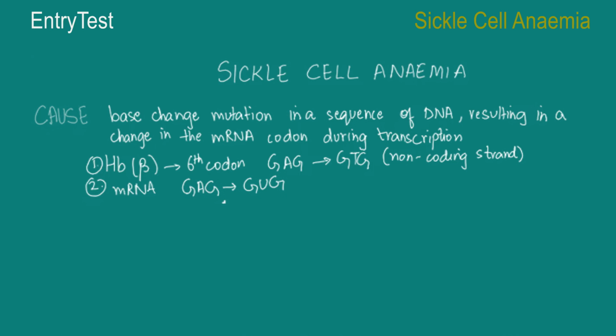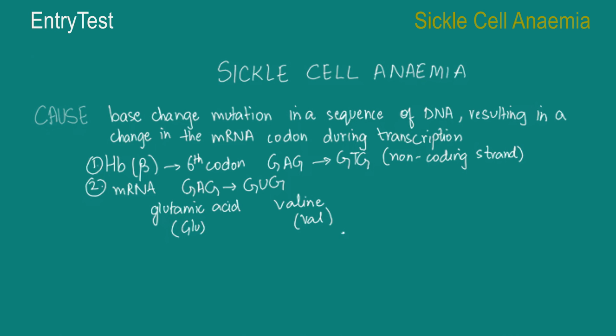And because of this, the amino acid that is changed is from glutamic acid into valine. So this is the change that happens. So basically the DNA of the non-coding strand changes from GAG to GTG. The mRNA changes from GAG to GUG. And the amino acid changes from glutamic acid, GLU, to valine, VAL.